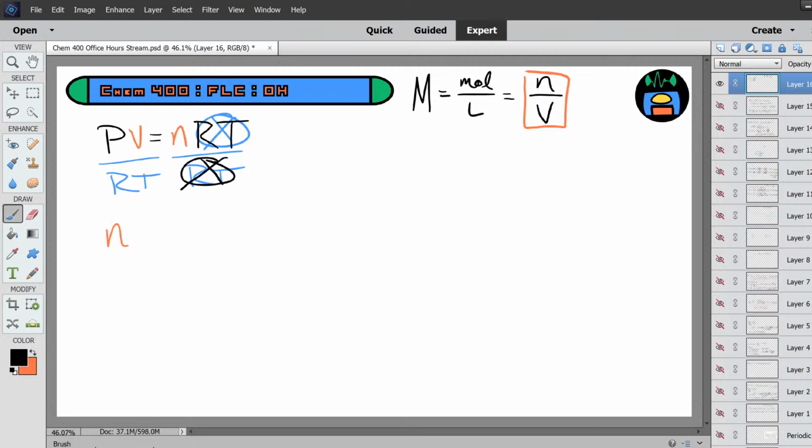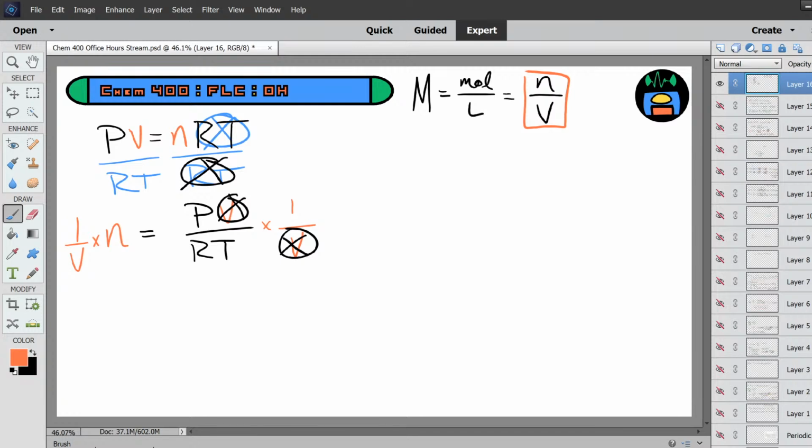moles are equal to pressure times volume over RT. Now, let's multiply both sides by 1 over V. Volume cancels out of my right side.